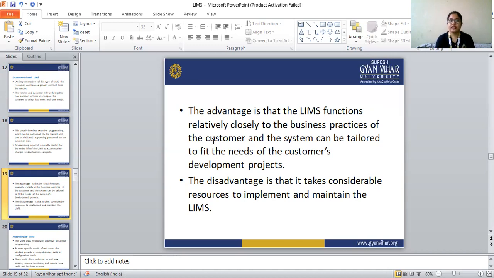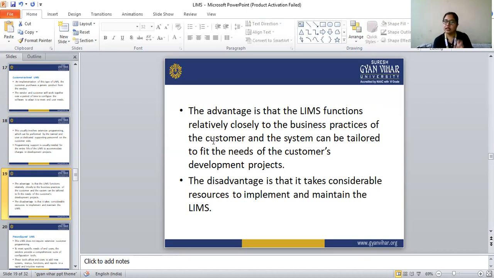Okay, so with this customer tailored LIMS, the customer only purchases the generic product from the vendor. After that, the vendor and the customer work together to get all the configuration the customer wants.